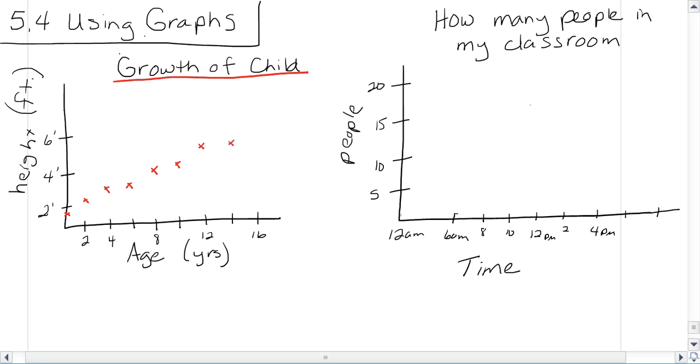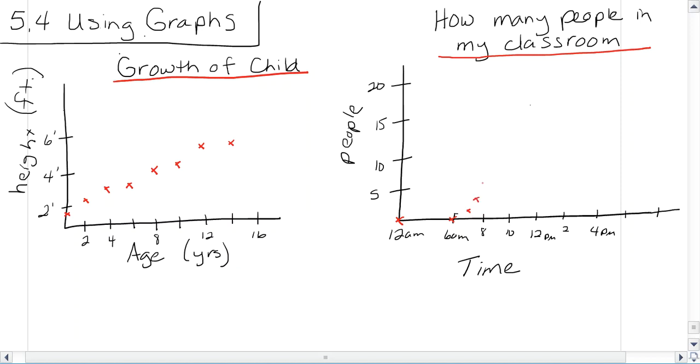So now this other graph that we're going to compare to would be an example of how many people are in my classroom at any one time. At midnight, at 12 a.m., there is nobody. And at 6 a.m., still nobody. And I get there about 7, so there's one person. And then a few more come in, maybe for help in the morning.